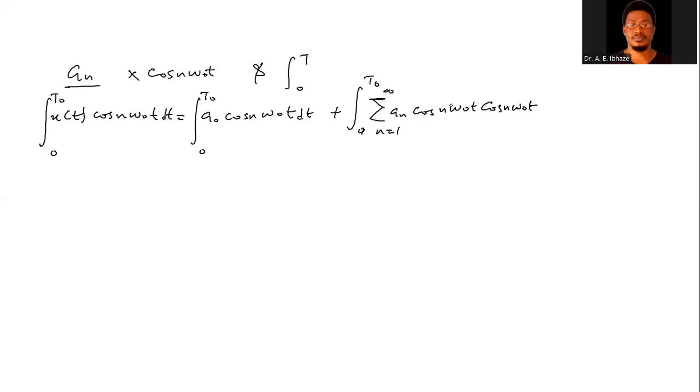So I'll just wipe one of these. That gives us cos squared n omega naught t dt plus the integral 0 to T naught sigma n equal to 1 to infinity b_n sine n omega naught t cos n omega naught t dt. Okay?